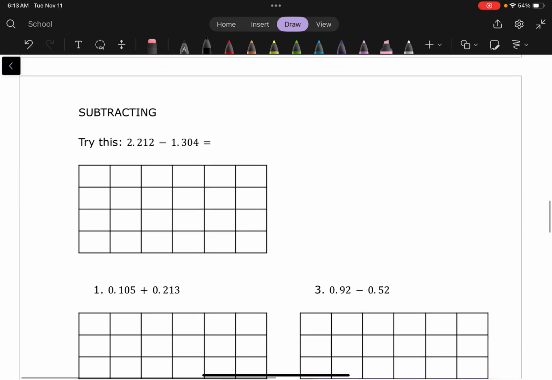Okay, when we subtract, we need to remember that borrowing is a thing. Borrowing is just regrouping a number. So I'm going to call this regrouping.